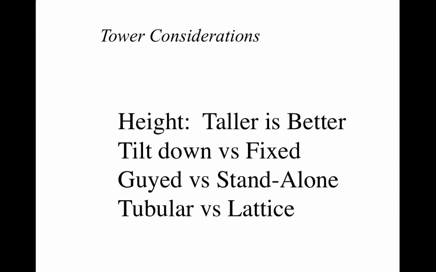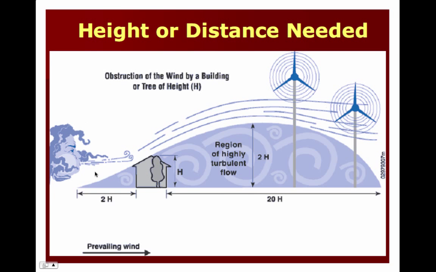Another thing to think about is that as wind flows across the ground, there's friction. The friction of the wind dragging across the ground slows the wind down. So the wind closer to the ground has a slower wind speed than the wind high up. And it can be quite a marked effect.